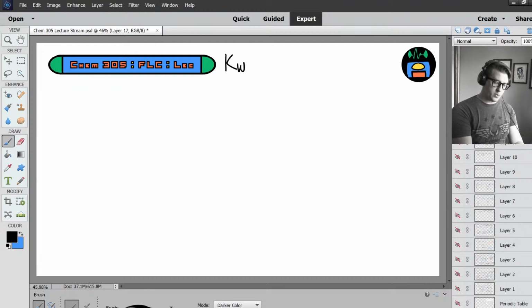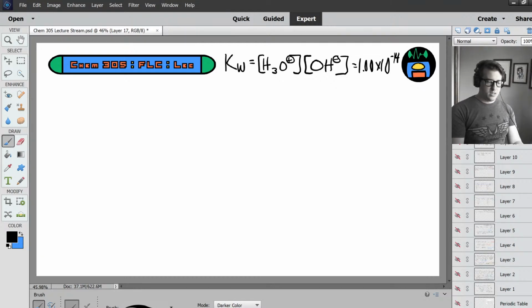Just bear with me real quick. I'm going to rewrite the water ionization constant. All right, and this is 1.00 times 10 to the negative 14. Okay, we can now solve examples like the following.